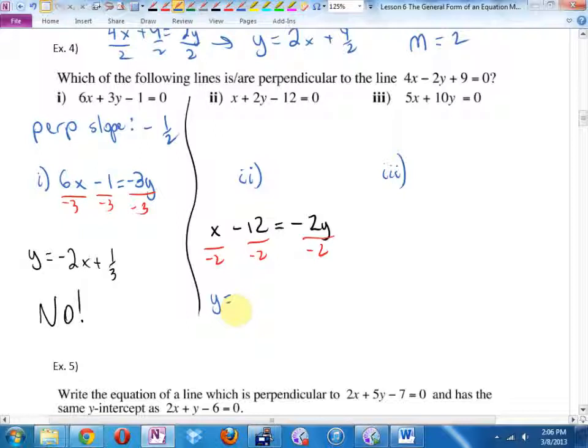Positive. X divided by -2, positive? Positive or negative? Negative. Definitely negative. What number is on top sitting right there in front of the x? It's invisible. Oh, so are you saying that this is actually the same as -1/2 x and then plus 6? What's the slope of this line? -1/2. Is it perpendicular? Yes.